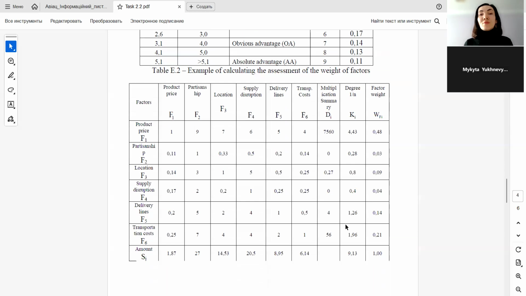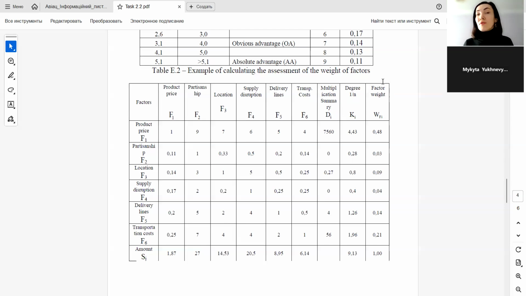Now we need to make the same table as E.2. It is an example of calculation for assessment of factors. We also use the first column. It is factors. We can write only F1, F2, F4, and to F6. The other line will be the elements with index j, we use the same. And here, the first line is also factors, the same factors from 1 to 6, and 3 ending columns.